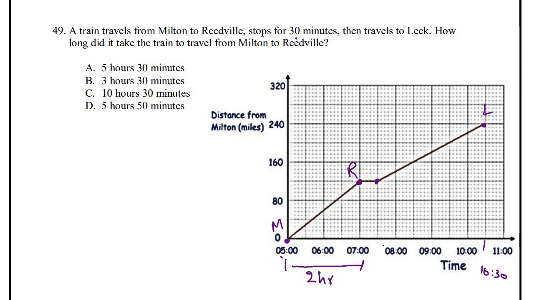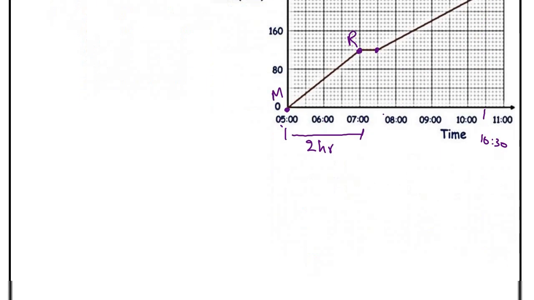So let's make a correction here. We will find the time from Milton to Leek. Starting point as Milton and the final point as Leek, that is where the train reaches at 10:30. So the total time it takes is 5 hours and 30 minutes. So option A becomes the right answer.